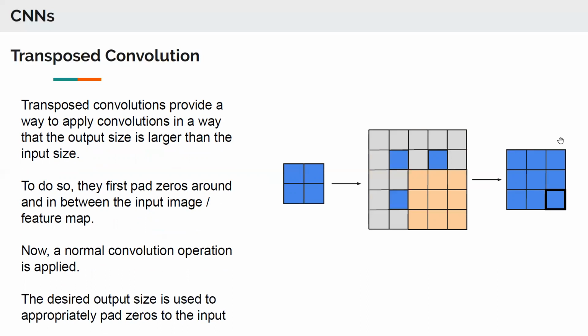Sometimes in the literature, this is referred to as deconvolution. This is actually incorrect usage of the term because a deconvolution actually refers to the exact inverse of convolution. Okay, transposed convolution does not provide that. Transposed convolution only provides a resolution upscaling, but it is not actually inverting the convolution operation.